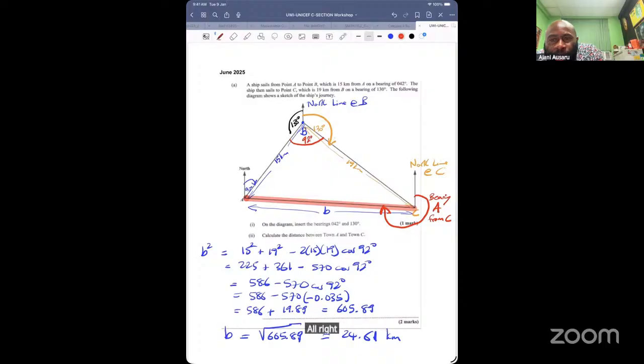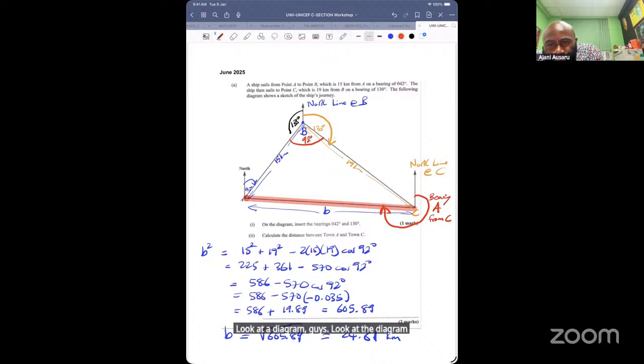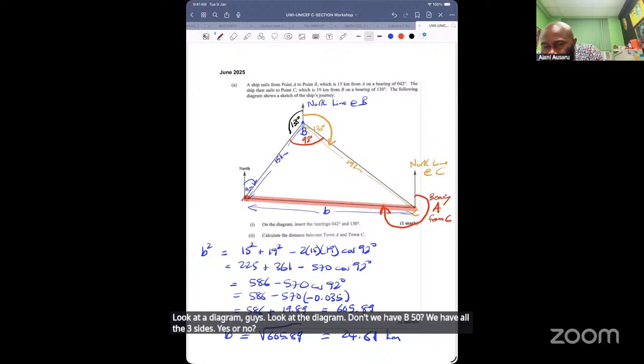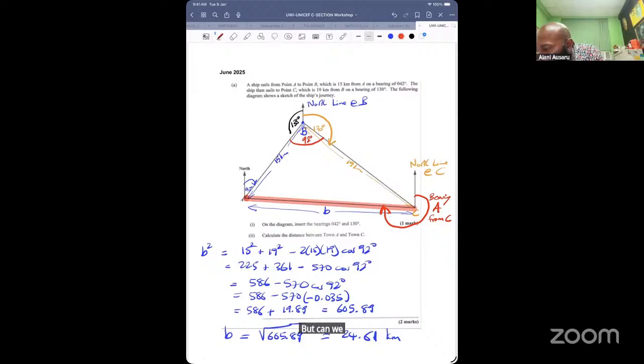All right, so let's go again. We have the 15 and the 19 and we have B, correct? Look at the diagram, guys. We have all the three sides, yes or no? Yes, sir. And we have the 92 degrees, right? So can we find the C angle in that triangle?